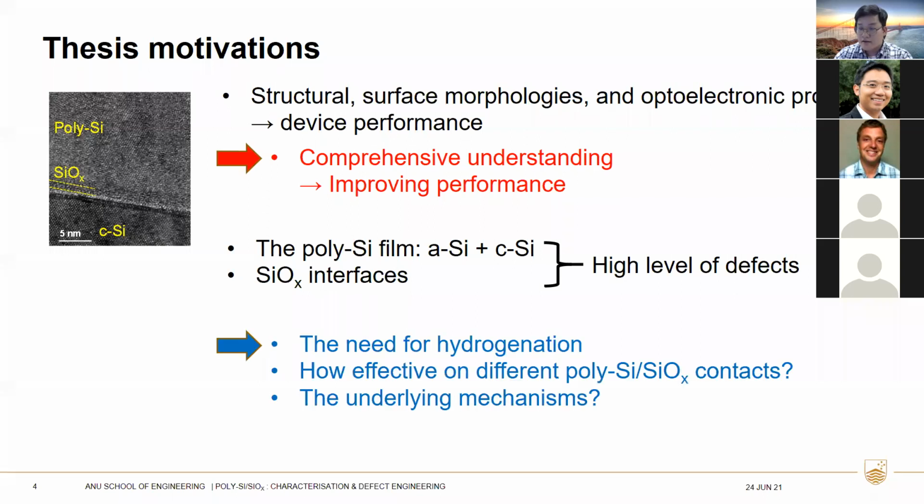That leads us to the need for a hydrogenation treatment, and also some questions arise: how effective are these hydrogenation treatments on different polysilicon passivating contacts, and what are the underlying mechanisms of the different hydrogenation treatments? So let's explore all of them in this presentation today.